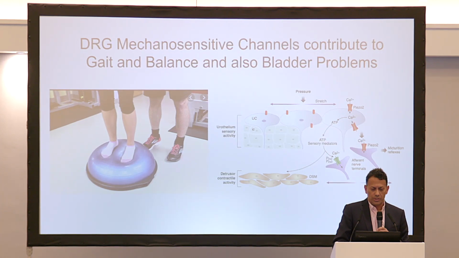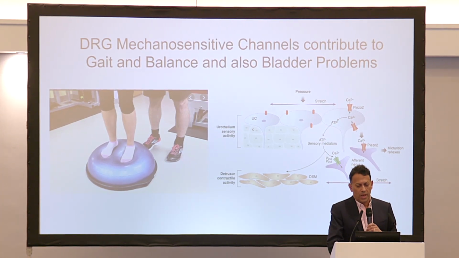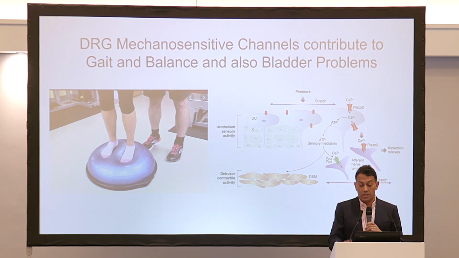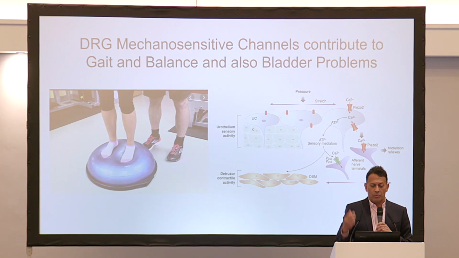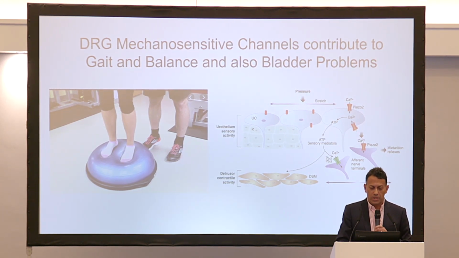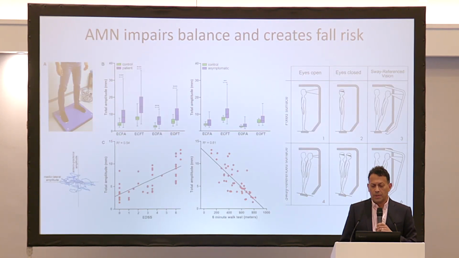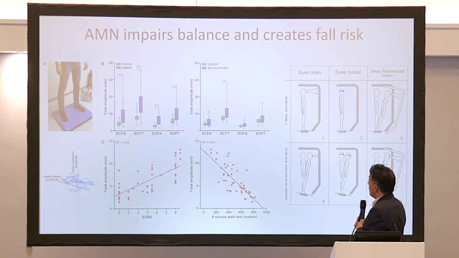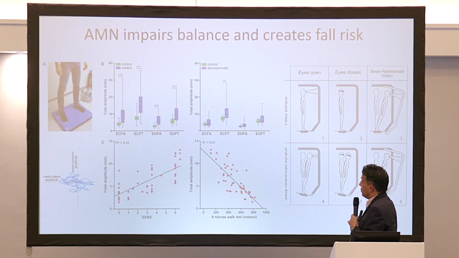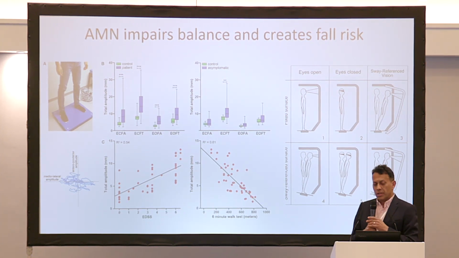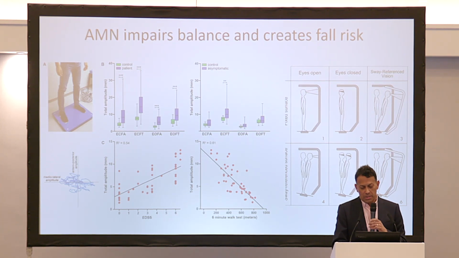And we've also understood a little bit of the mechanosensitive channels that are important in these DRG structures. So now moving to humans and how we are designing studies and trials to impact AMN patients, knowing that these DRG channels are important, knowing that all that sensory information coming up from the periphery to the brain is critical, and that this hub of the DRG is critical, we measure outcomes around wonderful work coming out of Amsterdam using force plates and also wearable devices to measure balance and understand the critical aspects of proprioception and balance, as this creates fall risk.